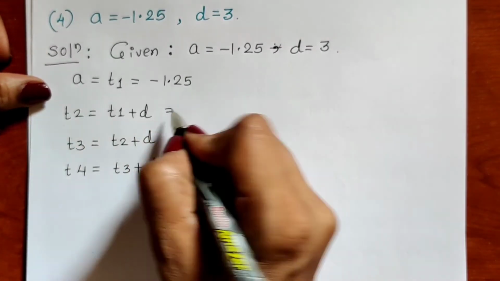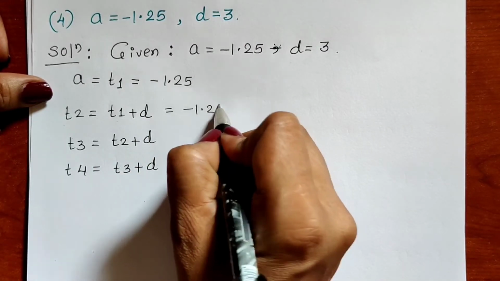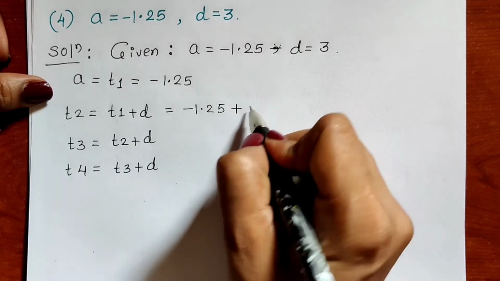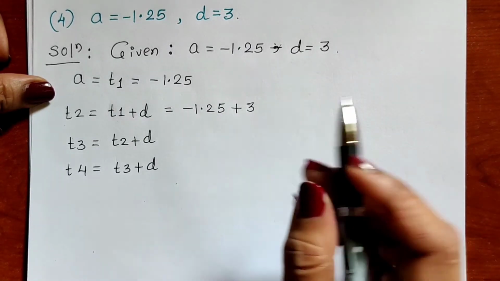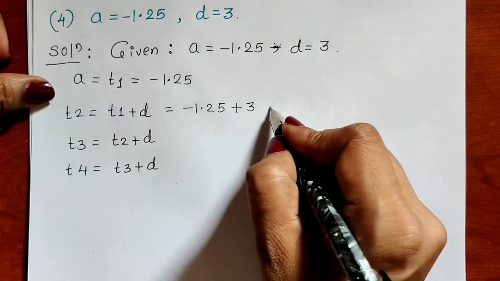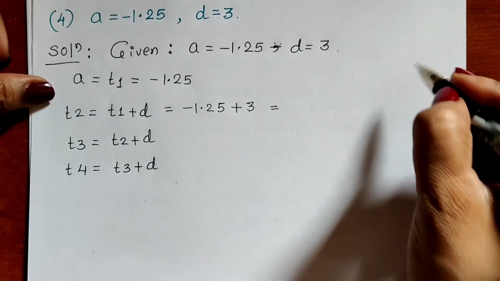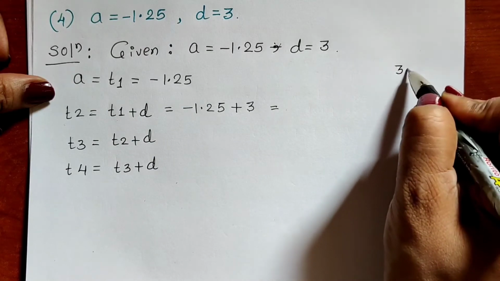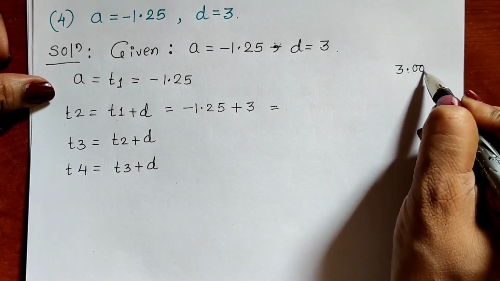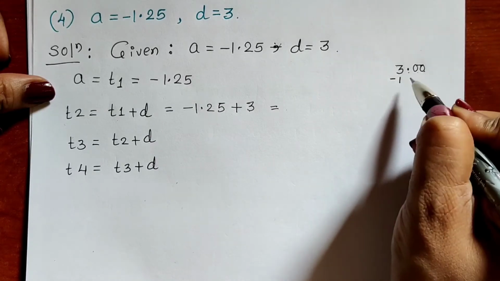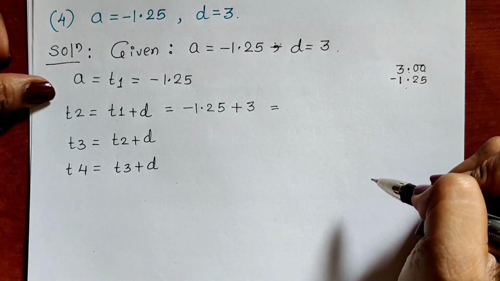So T2 is T1 plus D. T1 is minus 1.25 and plus D. D is 3. What will be the answer? Plus minus will become minus, and sign of the bigger number. So the bigger number is 3. 3's sign is plus. So answer sign will be plus. And 3 minus 1.25. That means we have to put point after 3 and then we put 2 zeros and then do subtraction. 3 minus 1.25.